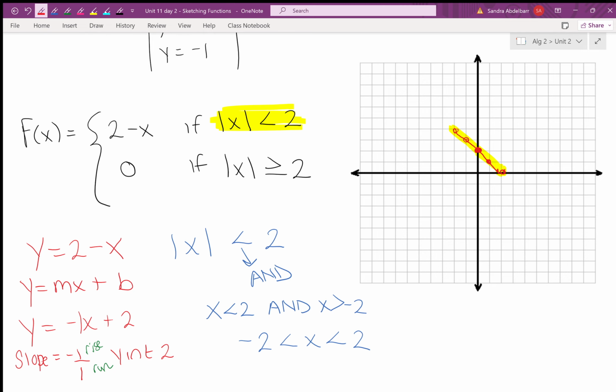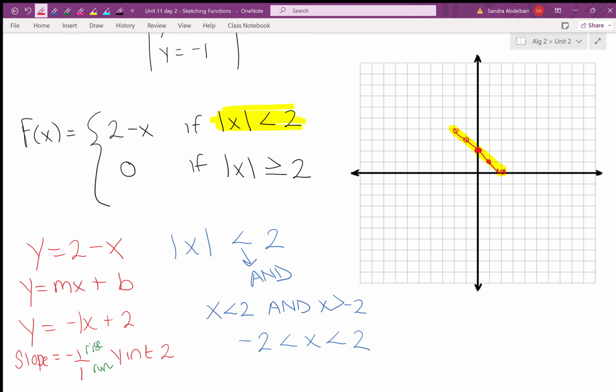But so it makes sense to you, think about this. We need this ultimately to be less than 2, so it has to be between these two numbers, negative 2 and positive 2. What's a number between negative 2 and positive 2? 0. The absolute value of 0, is that less than 2? Yeah. Negative 1? Absolute value of negative 1, is that less than 2?